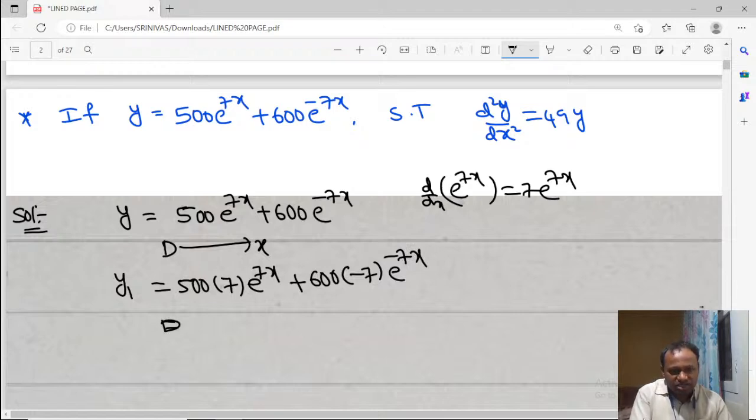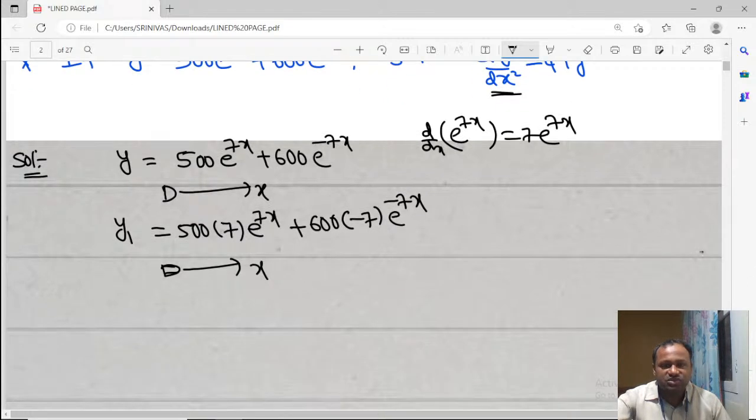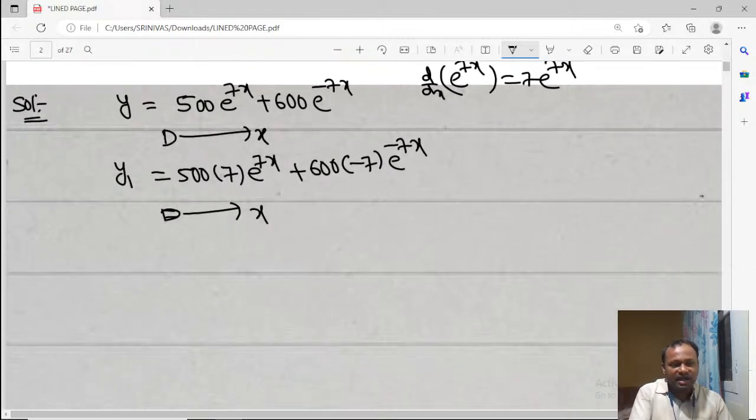I will differentiate it once again with respect to x, because I need d square y by dx square.